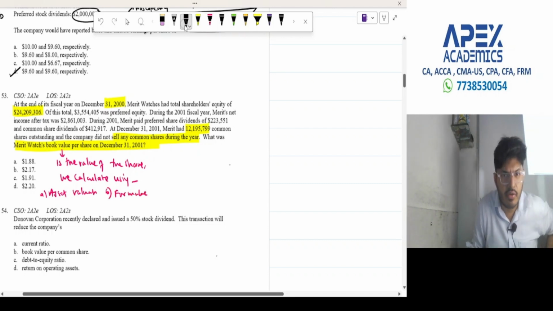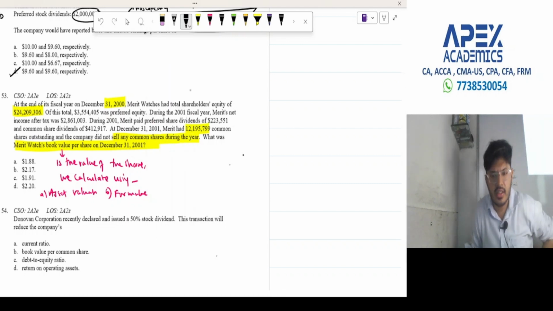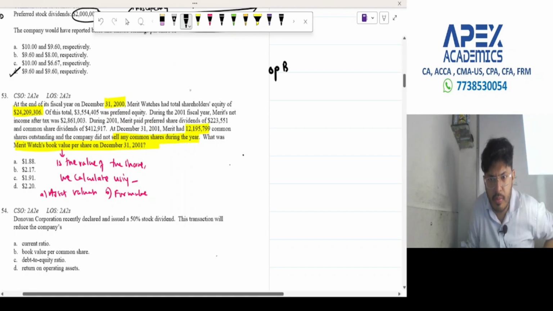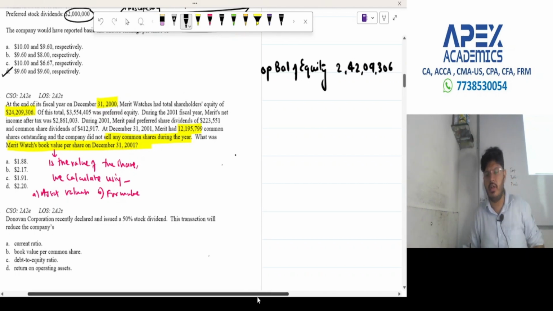So what are we saying over here? To begin the story, I am saying that the opening balance of equity as far as this company is concerned is 2 crore 42 lakh 9,306. Any doubts about this? Any problems?